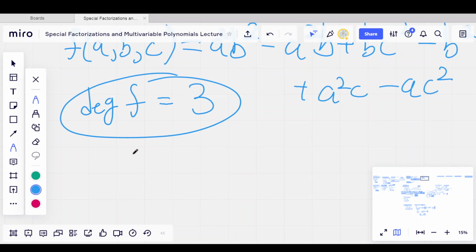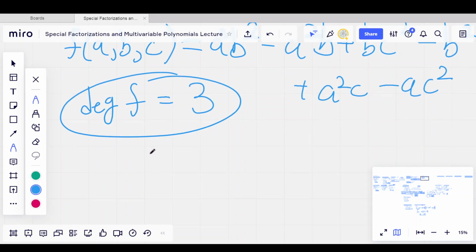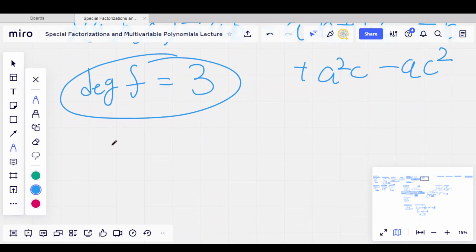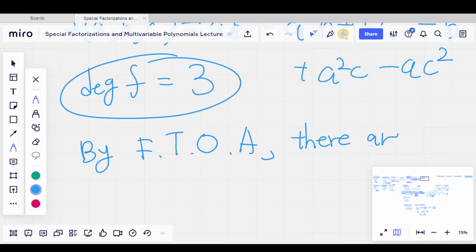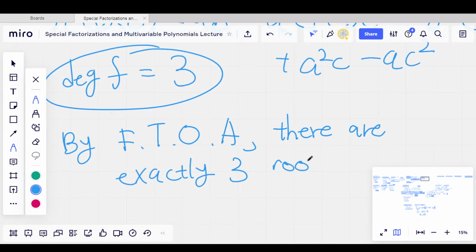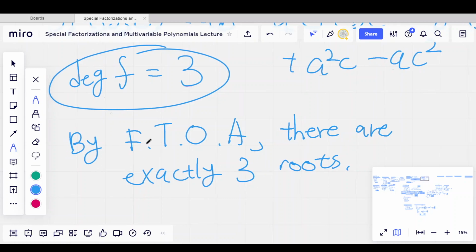So actually the fundamental theorem of algebra actually applies to this. So by the fundamental theorem of algebra, there are exactly 3 roots. Okay, so in fact, this fundamental theorem of algebra, it actually applies to multivariable polynomials.